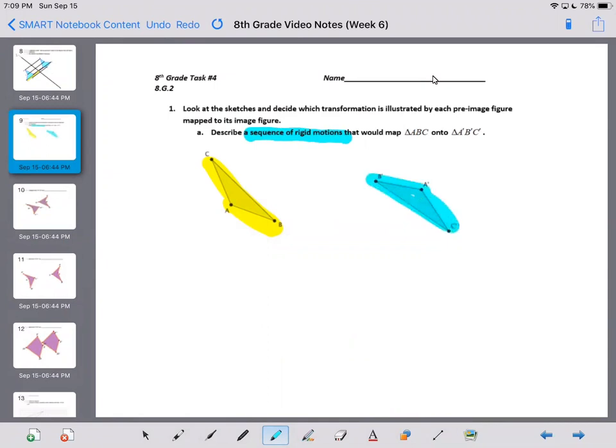So I want to go from the yellow to the light blue in order to what we call map it. So I want ABC to land on top of A prime, B prime, C prime. Well, you need to also be mindful of your endpoints. So notice here's A, notice where I need it to be. I need it to be over here.